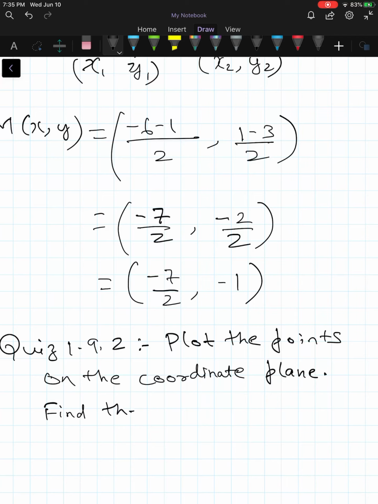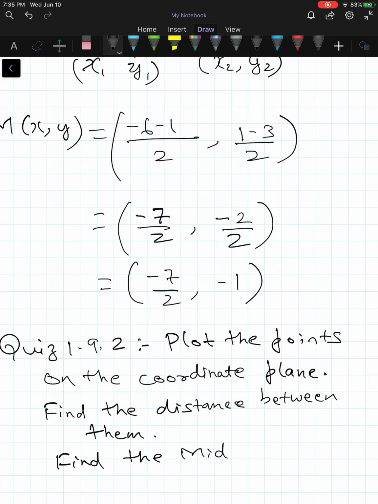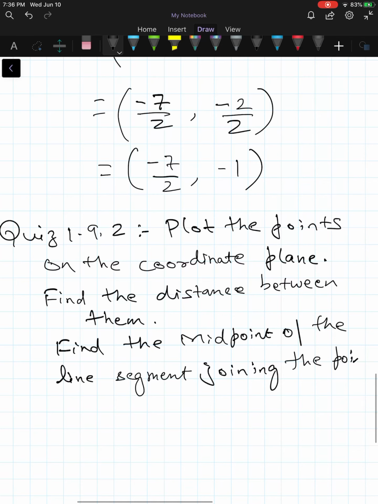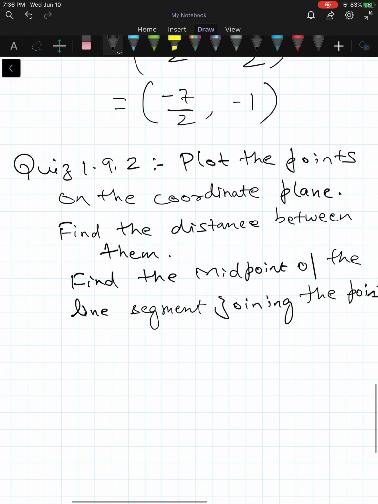Find the distance between them and find the midpoint of the line segment joining the points.